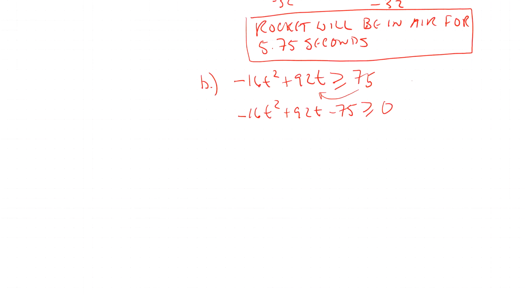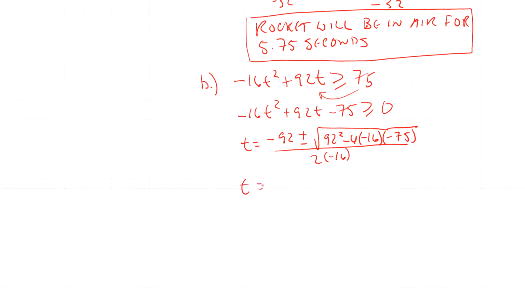So at this point now, we've got a quadratic and we want to solve our quadratic. So I'm just going to go to the quadratic formula. So we know that t is going to be minus 92 plus or minus the square root of 92 squared minus 4 times negative 16 times negative 75, all over 2 times negative 16.